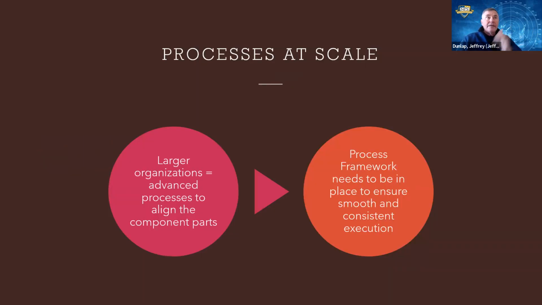They say process is really a scale thing. The larger the organization, the more advanced the processes need to be to align all the components and parts. I would say the DoD is a larger organization, and we basically need advanced processes and strategies to get ourselves aligned, so we're all doing it the same way in the DoD.